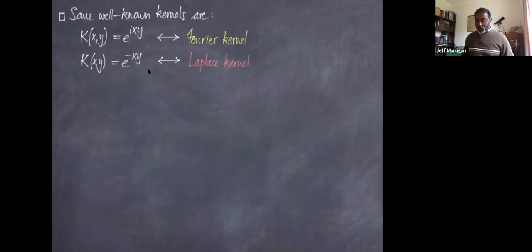Very good. So that's the Fourier kernel and Laplace kernel, respectively. And if you remember, the point of solving differential equations using Fourier methods or Laplace methods was that you took a differential equation in, let's say, x space, did a Fourier or Laplace transform, and converted it to an equation in t space or k space. In the physics nomenclature, you would have gone from position space to momentum space.